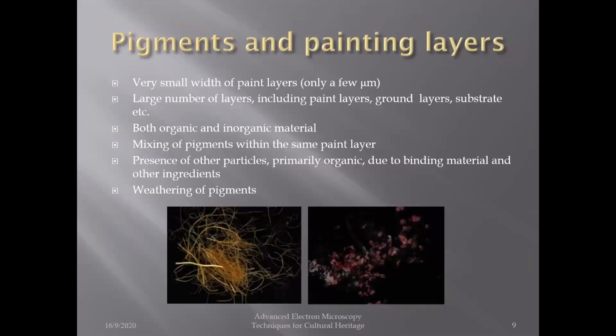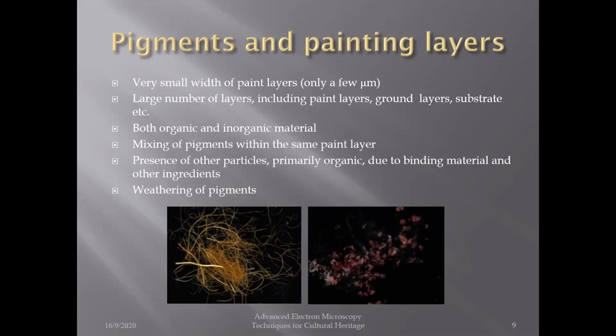Now, I would like to focus on a completely different type of material. I would like to discuss pigments and painting layers. For all of you who have worked with painting layers, you know that it is one of the worst types of materials to work with because they are very, very complicated.